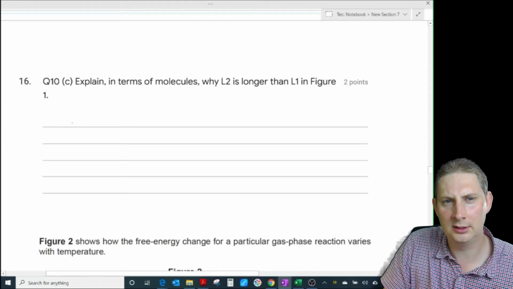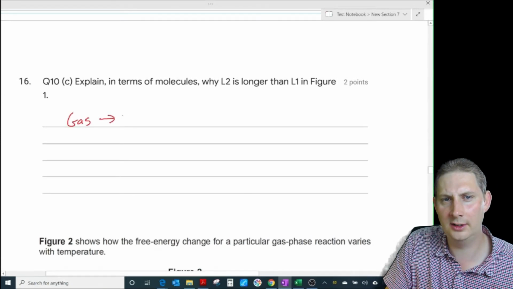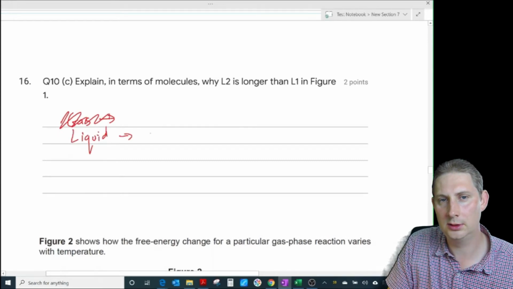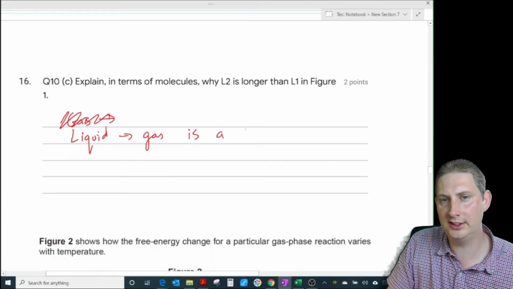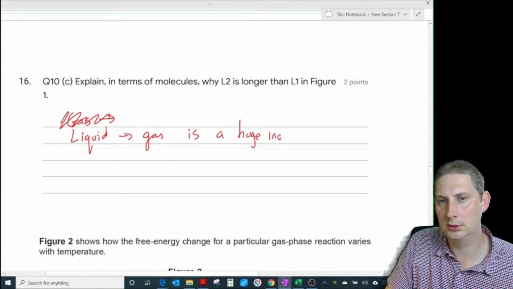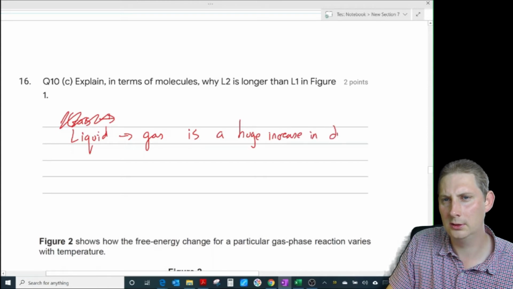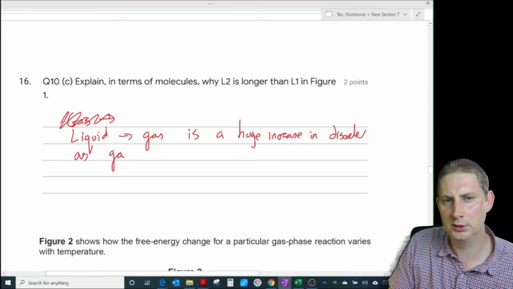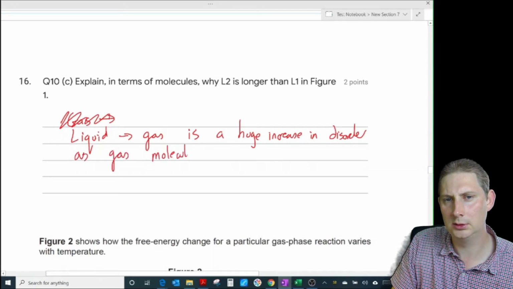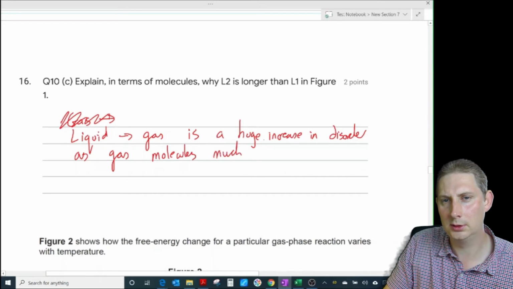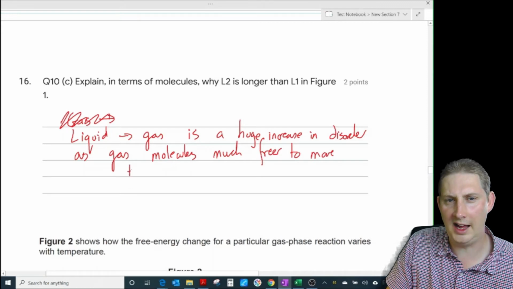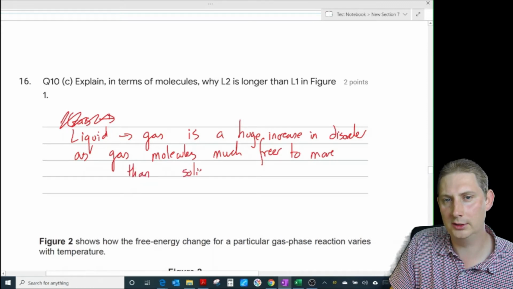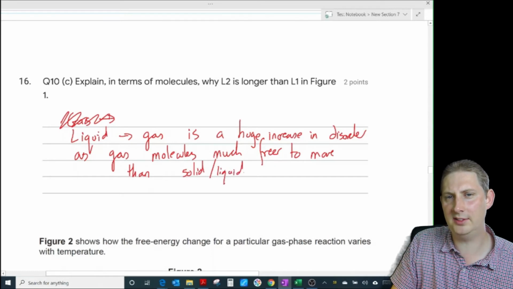It's that liquid to gas is a huge increase in disorder, as gas molecules are much freer to move than solid or liquid. There's just a massive entropy increase.